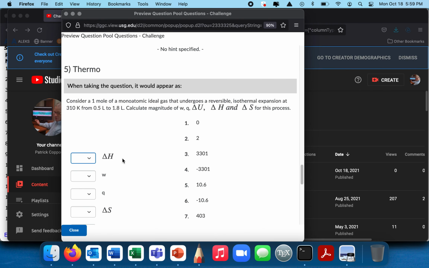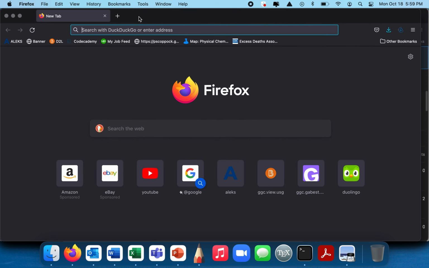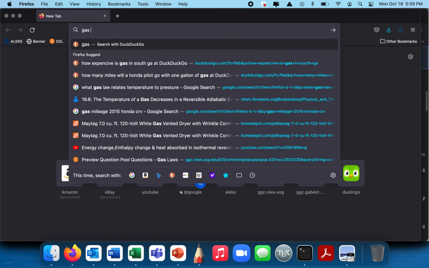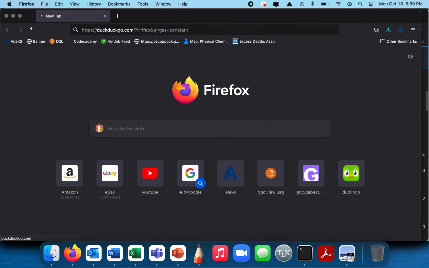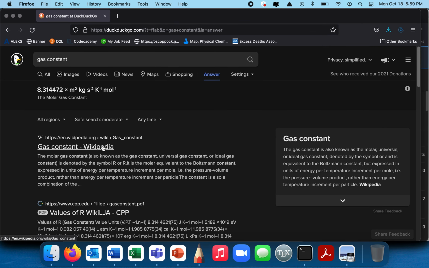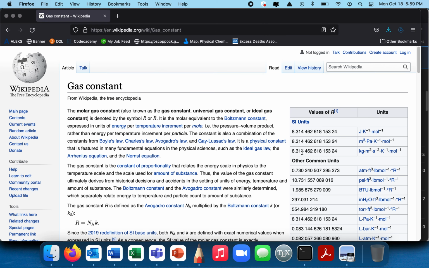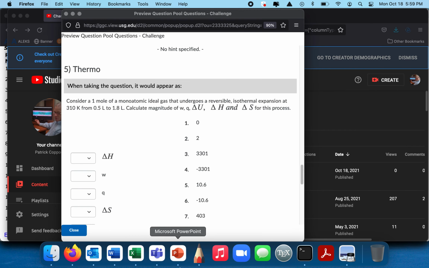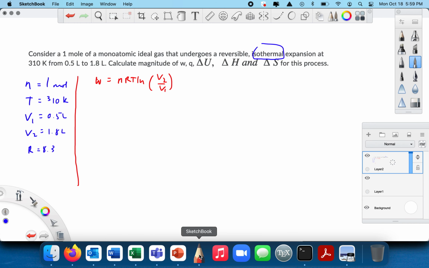Yep, 8.314 joules per mole Kelvin. And I want to use joules per mole Kelvin because this is moles and I want work in joules, right?